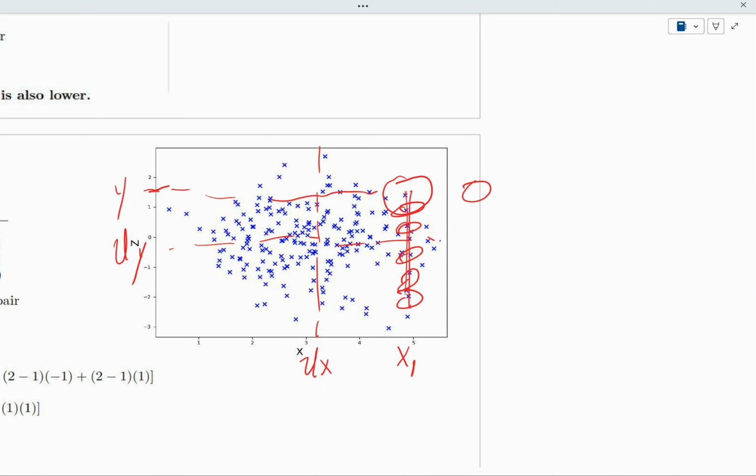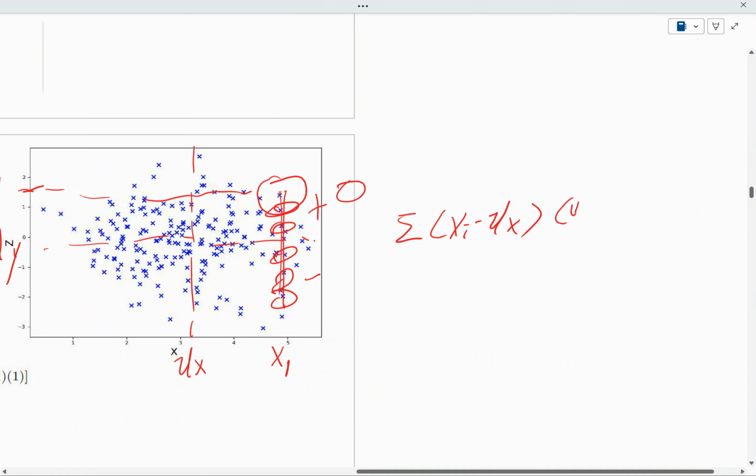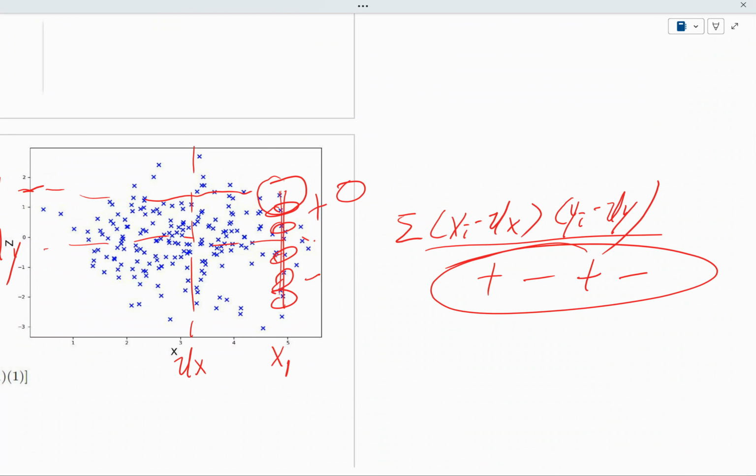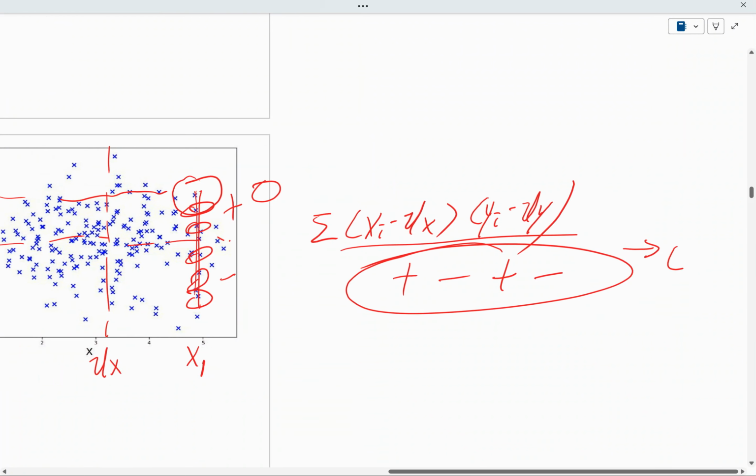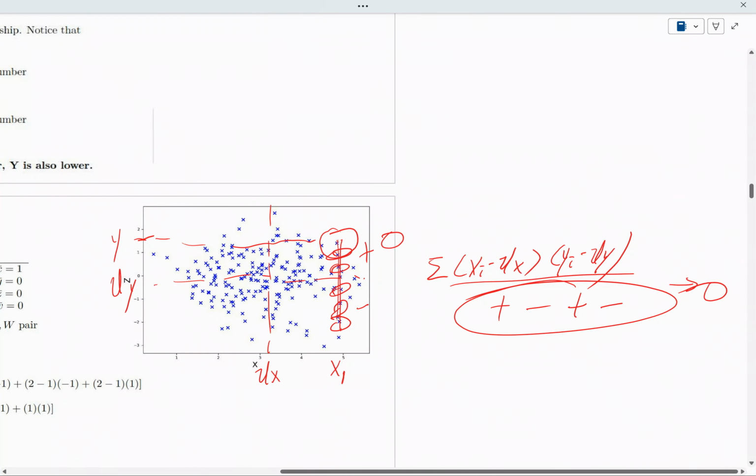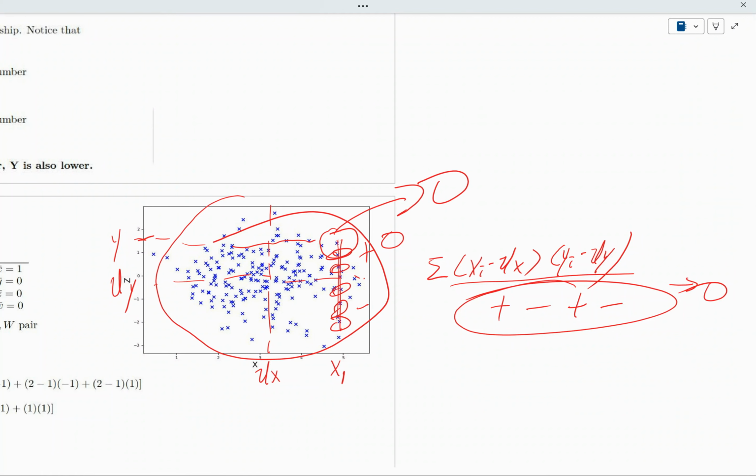Notice some of them are positive, some of them are negative. Therefore, when you sum together xi minus mu x times yi minus mu y, some are going to be positive, some negative, and they cancel each other out towards 0. This is why, when you have a shape that looks like this, you get 0 or close to 0, a small number, because the positive and the negative cancel each other out.